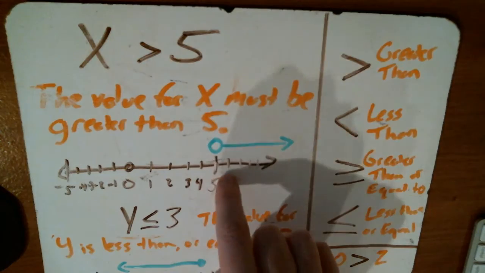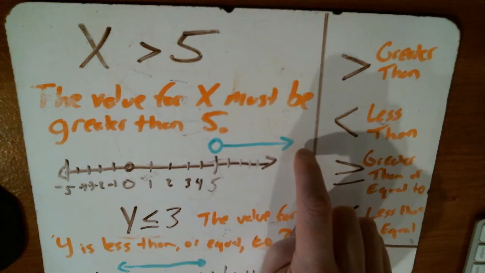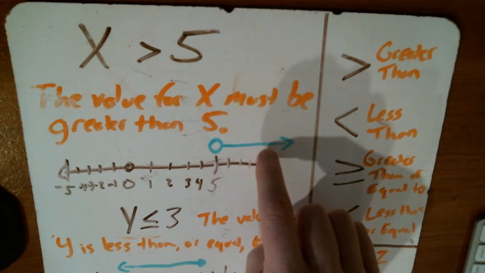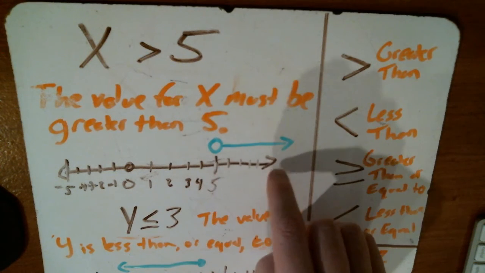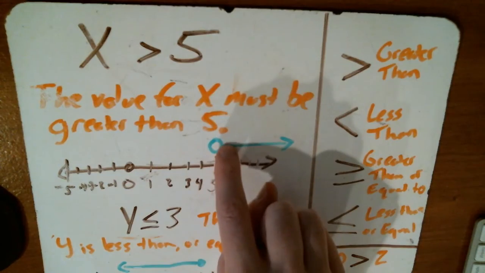On a number line, this green arrow with an open circle pointing to the right represents every value on this number line that is greater than 5. One thing we'll note, if it's a greater than symbol, you have an open circle.